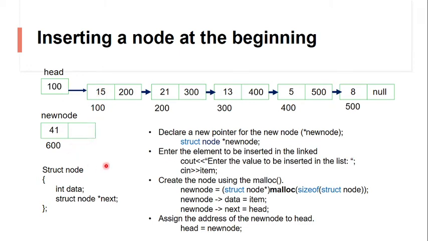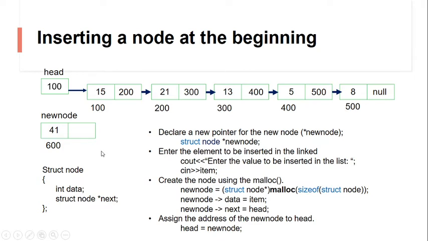What will happen now is, what would be the address of the node right after the new node? The first node was previously 15, so 15 will become the second node later on. If 15 is the second data item after we have inserted 41, then the next address of the node at 600, which holds 41, will be 100.